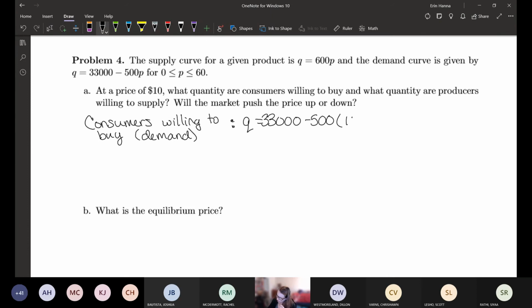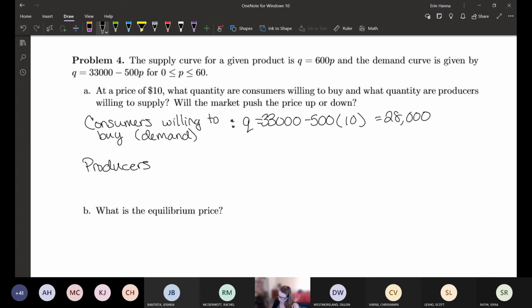And it's for $10. This results in 28,000. So if we sell whatever these things are, we're not actually told, for $10, there will be 28,000 of them demanded.